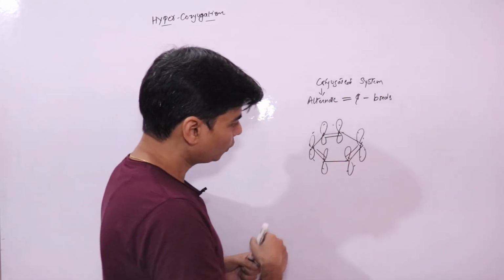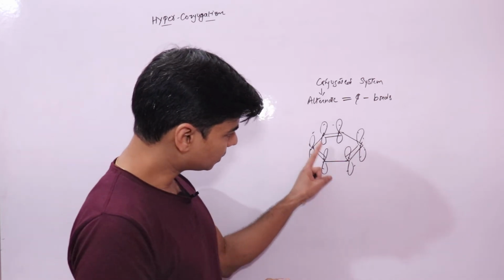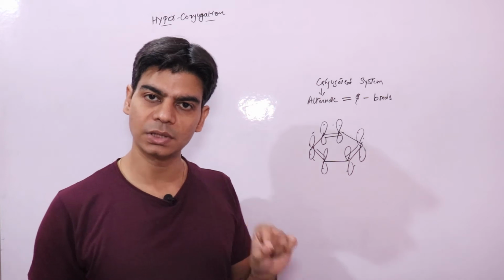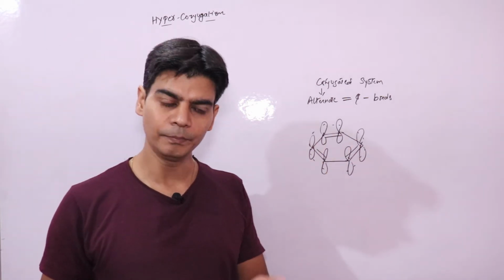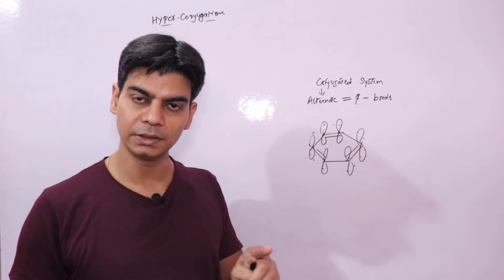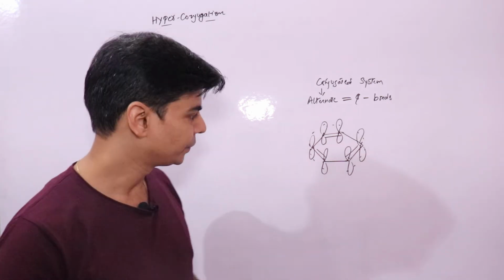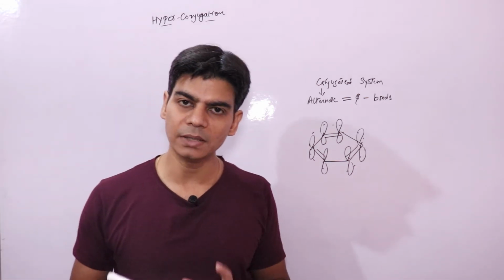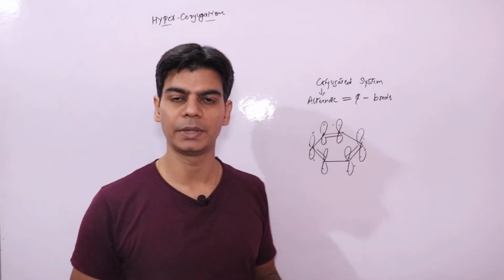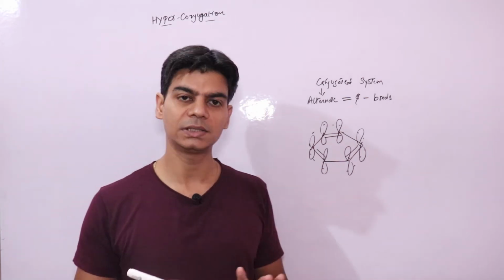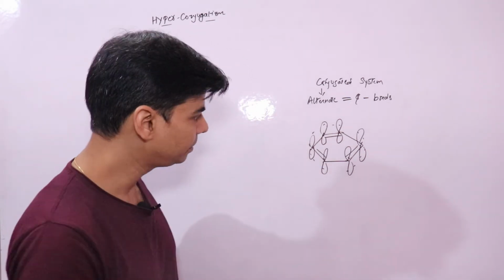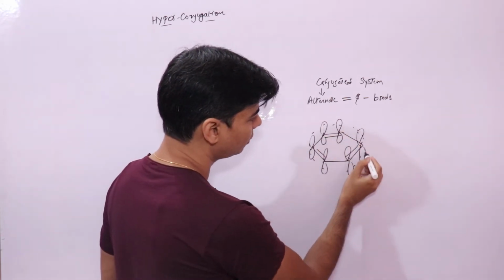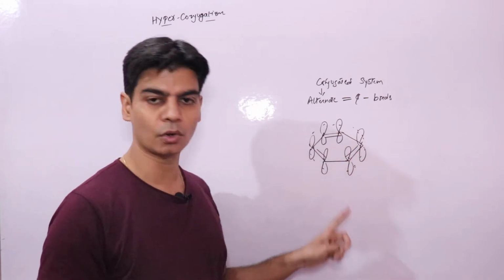The electrons of these pi bonds are moving in all the p orbitals. These electrons don't belong to any one particular atom, they are moving. This is known as a delocalized system of pi electrons, because the electrons of pi bonds are moving in these p orbitals, and these p orbitals are in the same plane. Same plane means they are all aligned in the same plane so that the electrons can move from one p orbital to another.